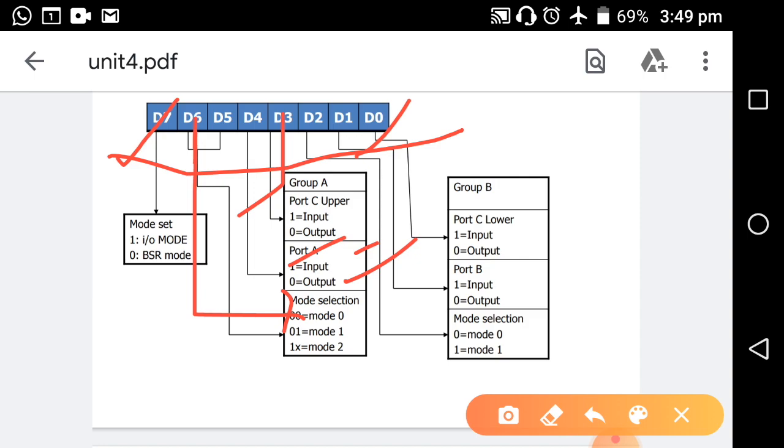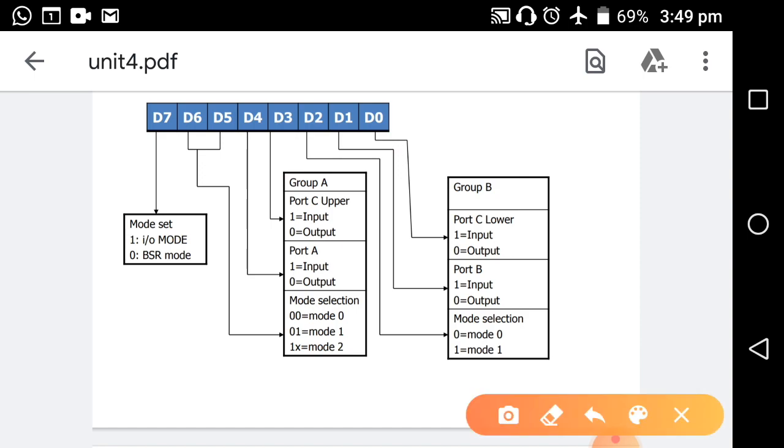Okay, and then the D2, D1 and D0 bits of the control word register are used to control group B of the 8255. Group B can work in mode 0 and mode 1 only, so only 1 bit is needed to select the mode of group B. The D2 bit is used for this mode selection.